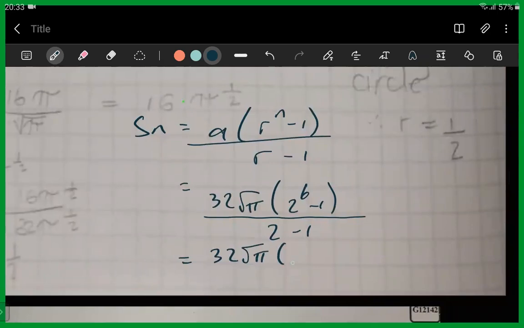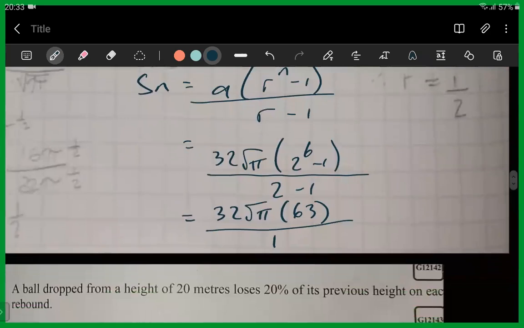All this I'd much rather just put in the calculator, because why not? This is going to be 64 minus 1, which is 63. I hope. Okay, I did it.